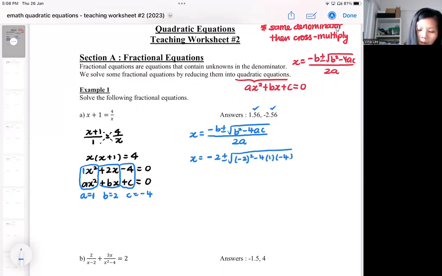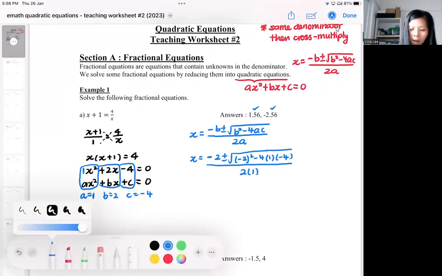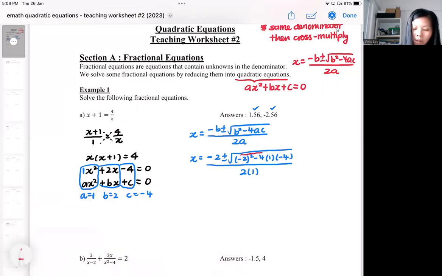Remember I mentioned that if you want to minimize mistakes, you should input into the calculator partially, bit by bit. So I will start off with this portion first. In this case, this portion is going to give me 20.